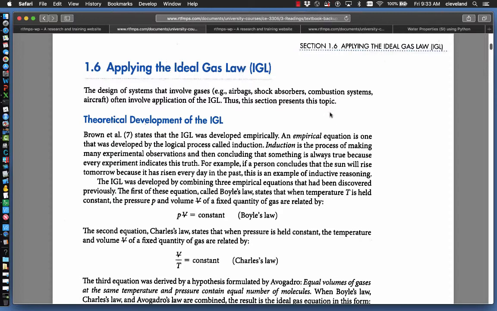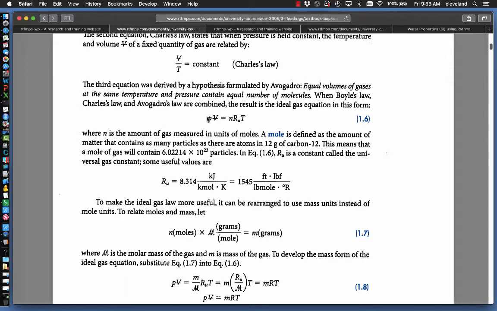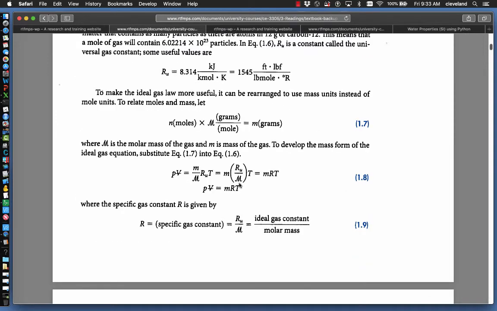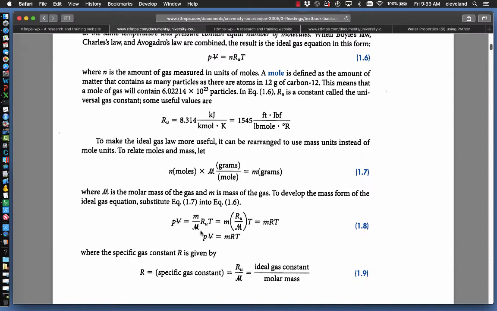And so the ideal gas law, you most likely had it in this form right here: pressure times volume is the number of moles times the gas constant times temperature. The way I was taught it is in the mass form, so PV equals M over cap M RT, where cap M is the molecular weight of the gas, and M is the mass.